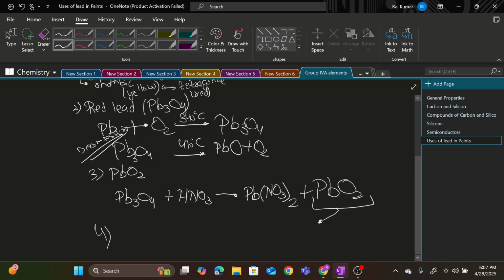And then we have white lead. What is white lead? White lead is a basic lead.